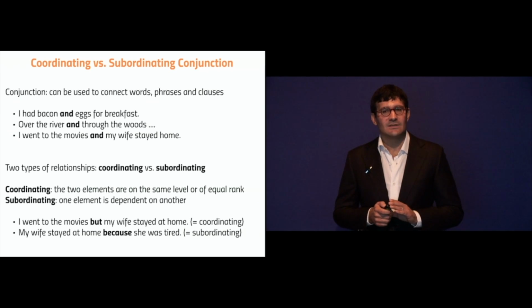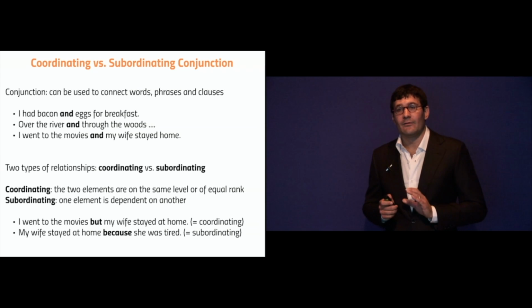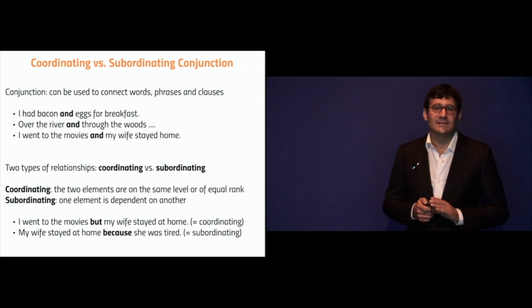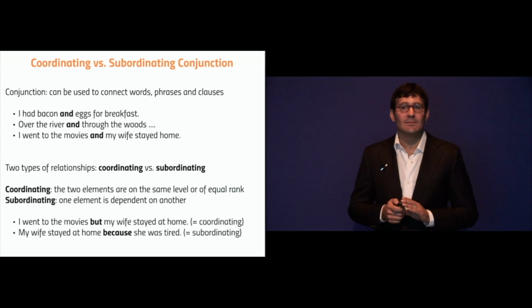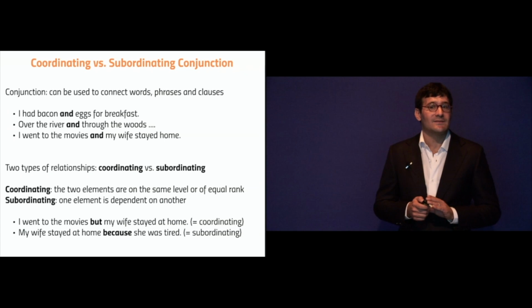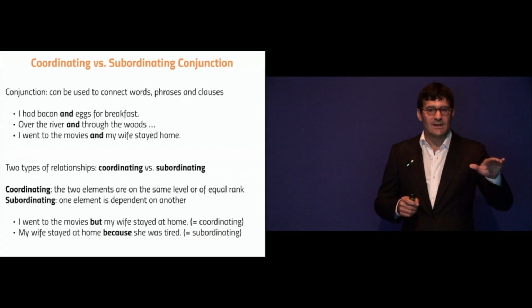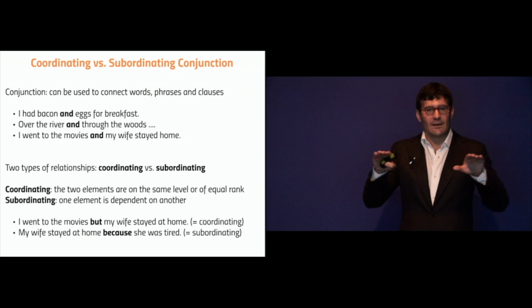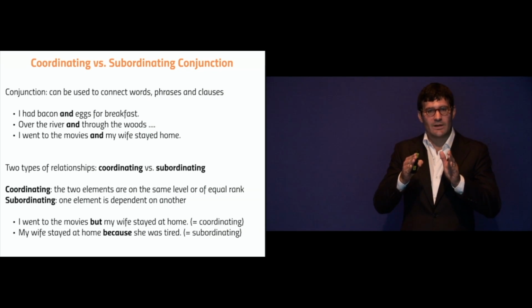However, there's two types of relationships. The first type of relationship is a coordinating relationship. And that means that the two elements are on the same level or of equal rank. Right? So I went to the movies, but my wife stayed at home. Essentially, I went to the movies, my wife stayed at home, they're of equal rank. Right? They're essentially two independent clauses just joined by that coordinating conjunction.